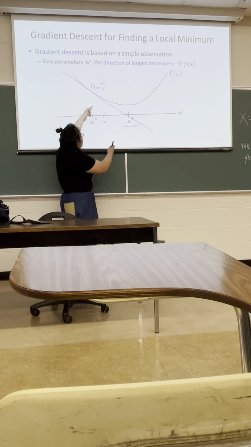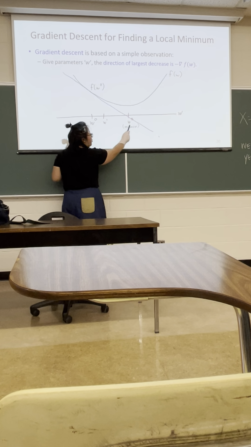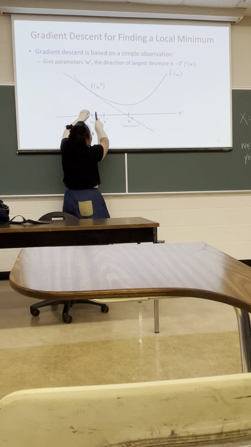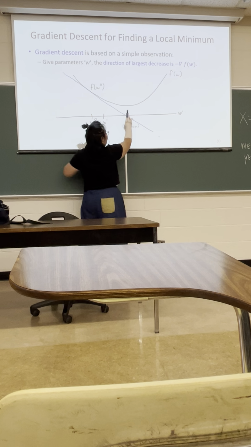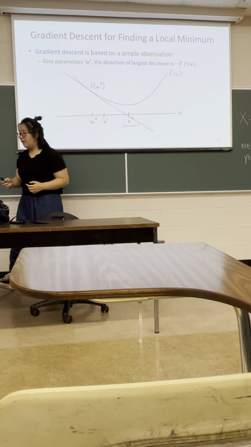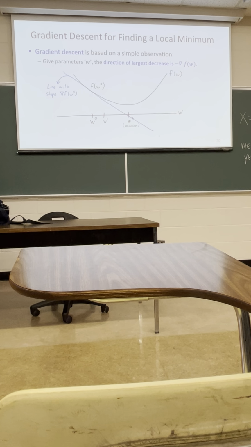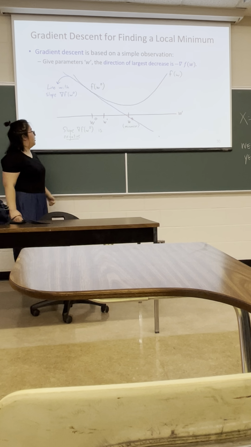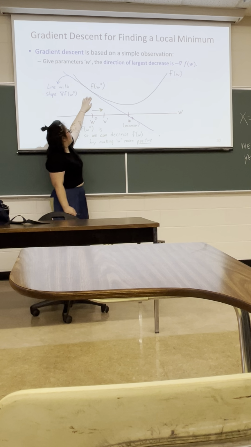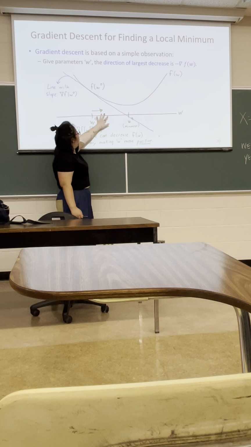If we take this step, then we are getting close to the minimizer, right? But if we take a very large step, we go over this minimizer, and actually it requires going back and forth to find this minimizer. But anyway, the first step is to find the line with the slope of the derivative. And typically, this derivative is negative to show that going this way decreases your cost function. And then we have to take a step towards this one.